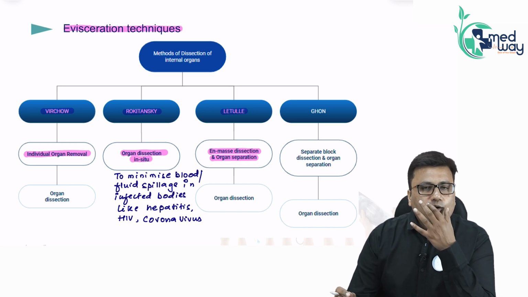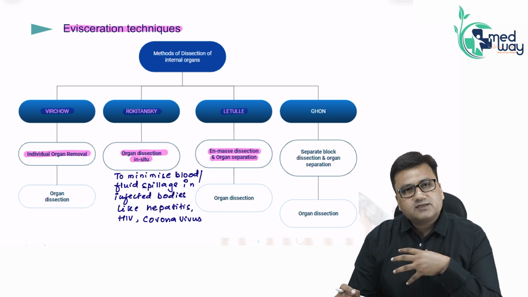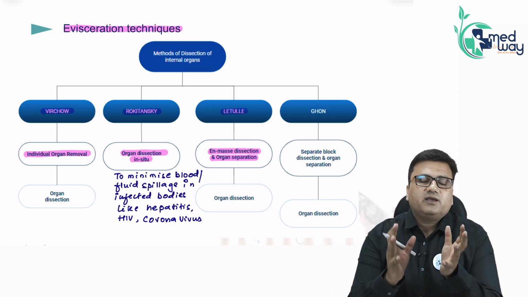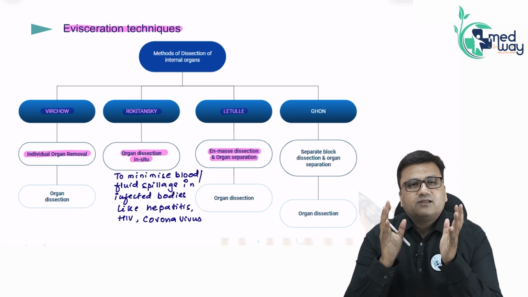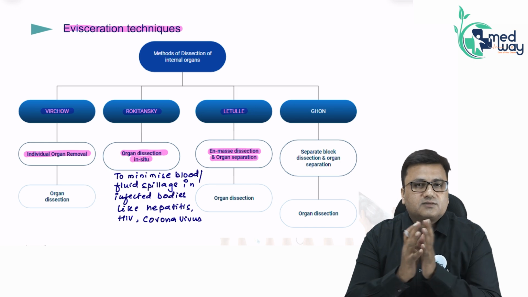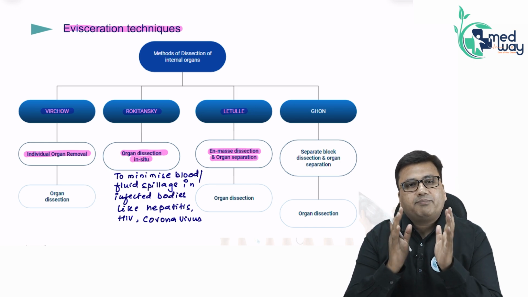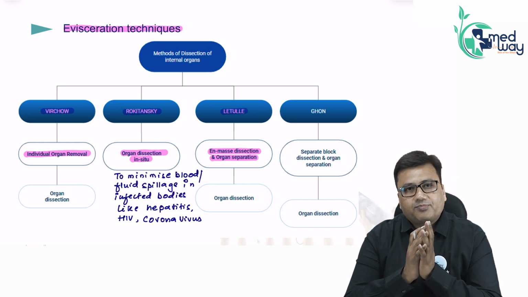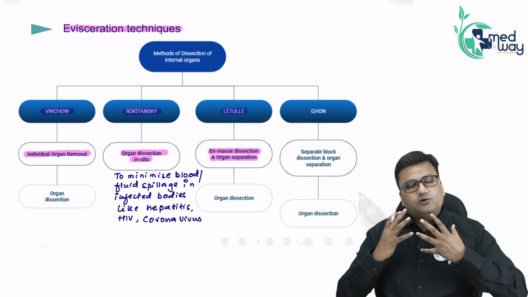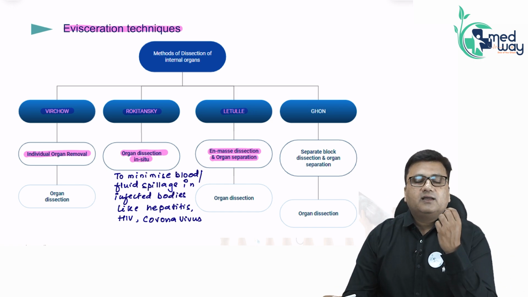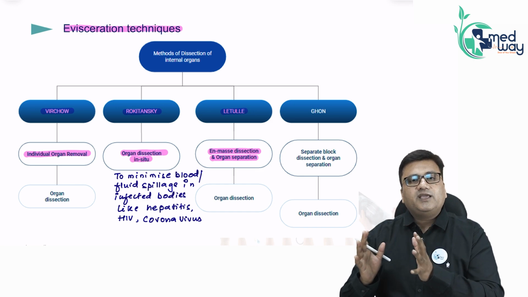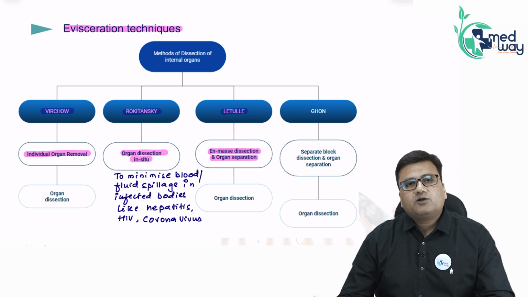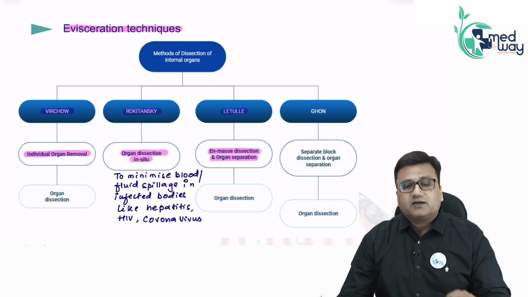It means from tongue to anus, everything is dissected out of the body as a single mass. Nothing is separated away. Now, when we talk about tongue to anus, you will find that it comprises of 4 different body units. These are also called as 4 different trunks.